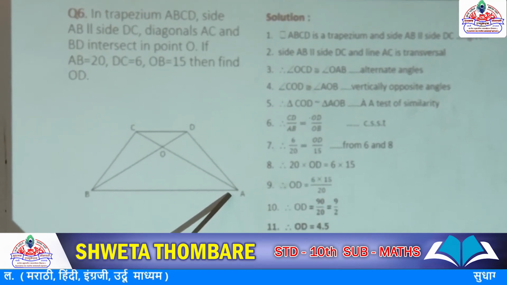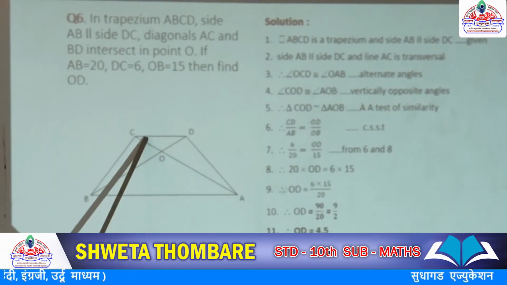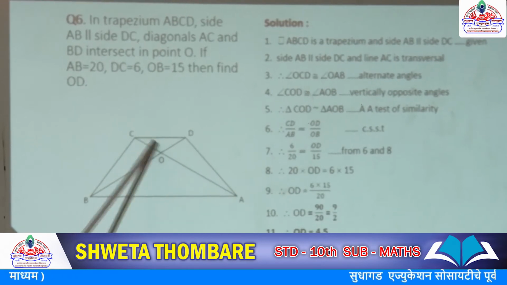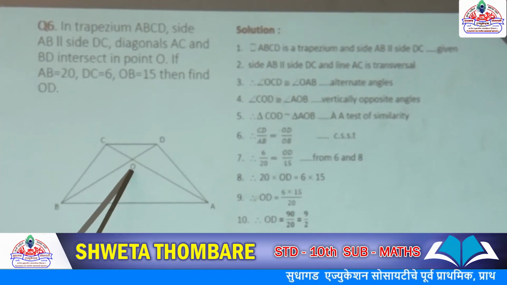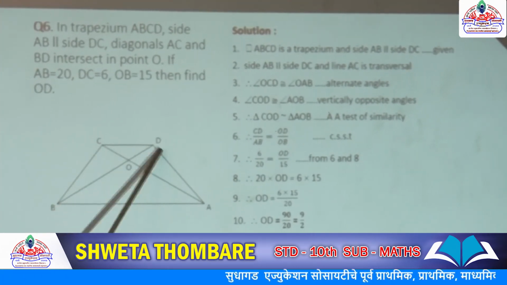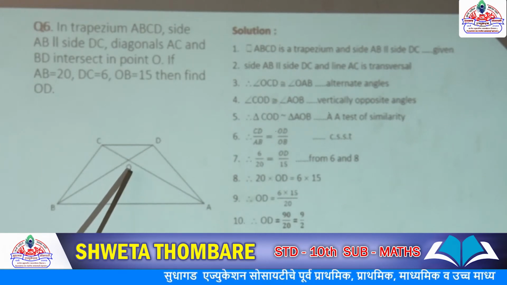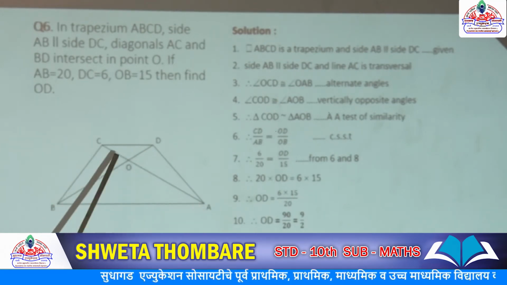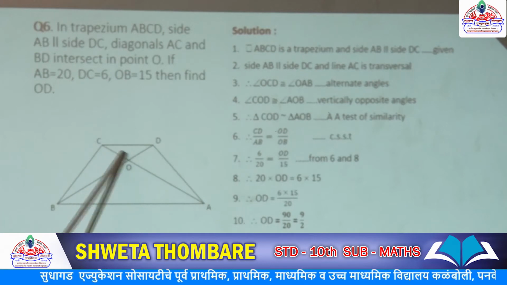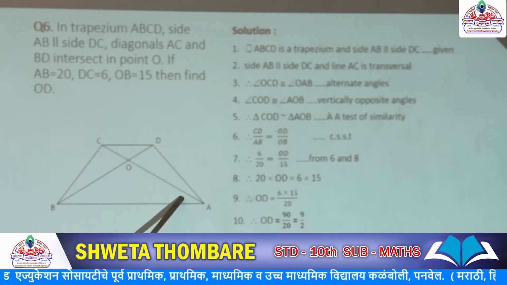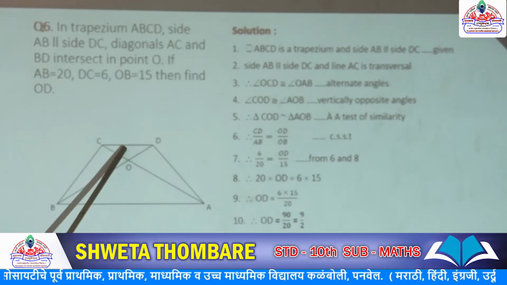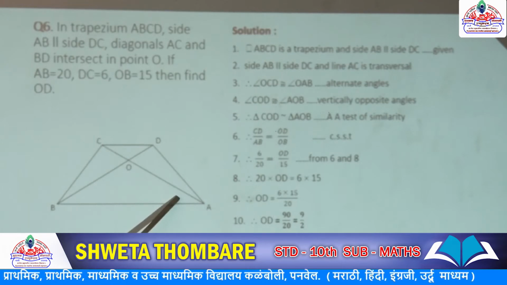If we take AC as a transversal, this pair of angles is forming here: angle OCD and angle OAB. These two angles are alternate angles, and we know that alternate angles are always congruent.